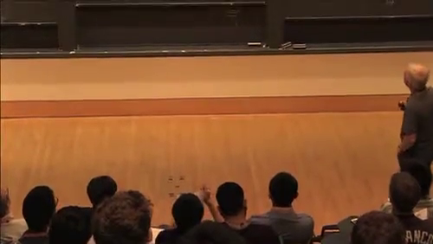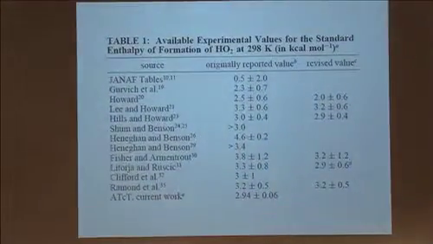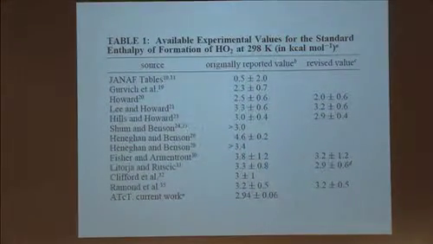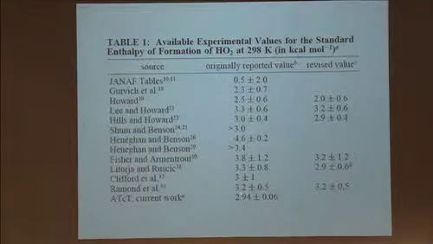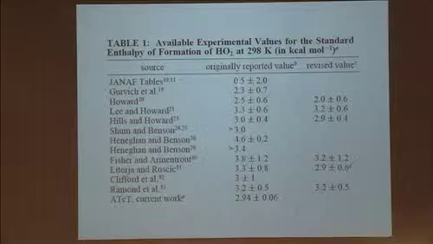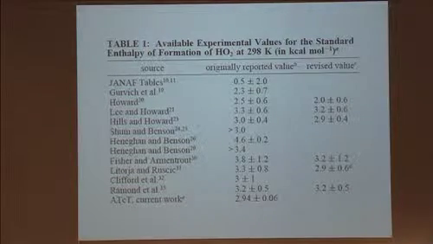So this is a whole set of values. You can see the differences in the values for HO2. And this is the current recommendation from ATCT. The changes are, well, there was a lot of variation in the early days.